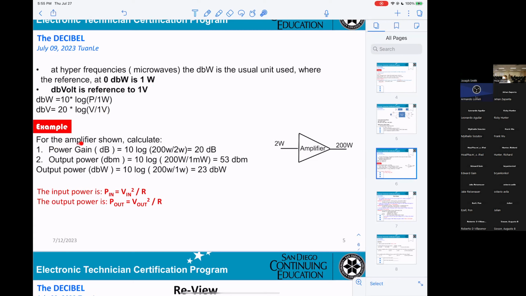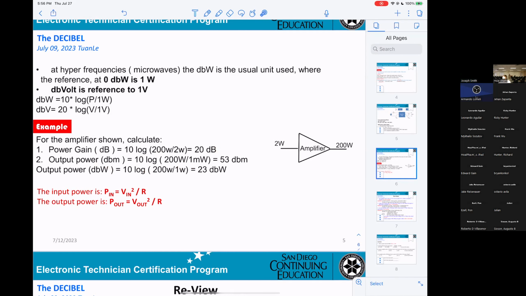Example here. For the amplifier, okay, you get 2 watt in, 200 watt out. So the power gain will be 10 times log of 200 watt divided by 2 watt. That gives you 20 dB. Output power in dBm will be 10 times log of 200 watt divided by 1 milliwatt.